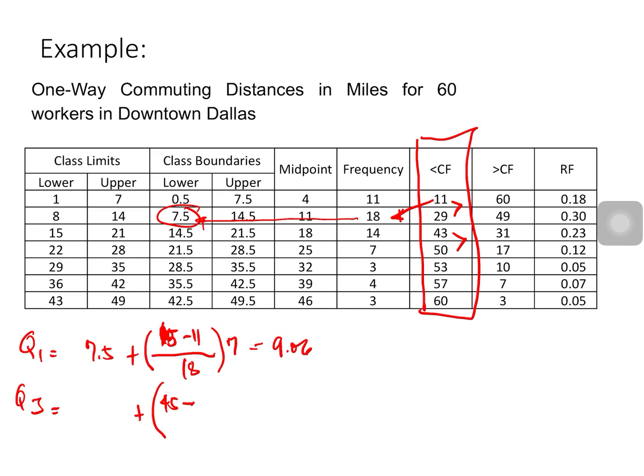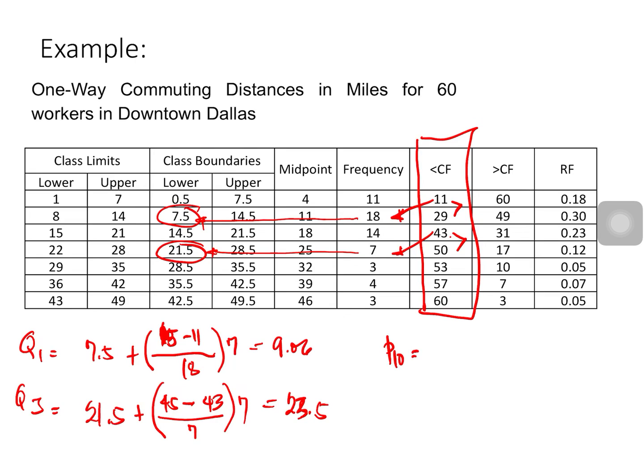So 45 minus the value above, that is 43, divided by the frequency below, 7, times 7 plus the lower class boundary of 21.5. That gives us Q3 as 23.5.